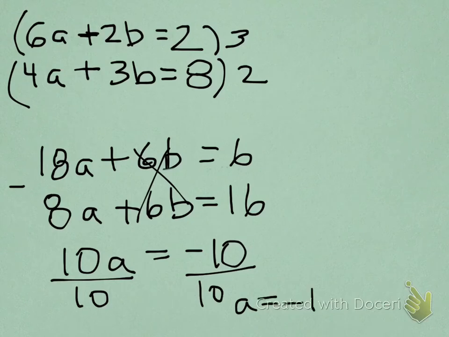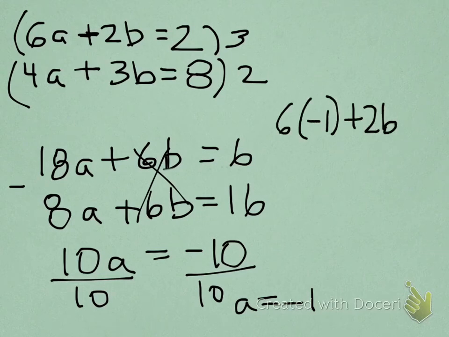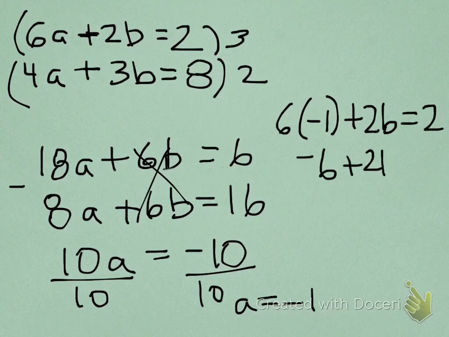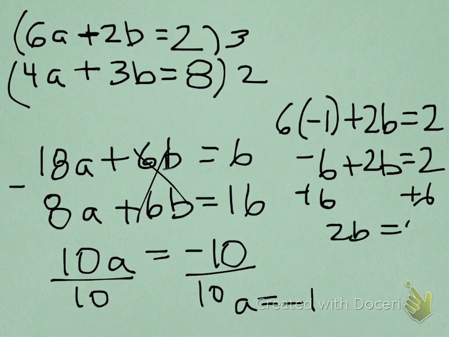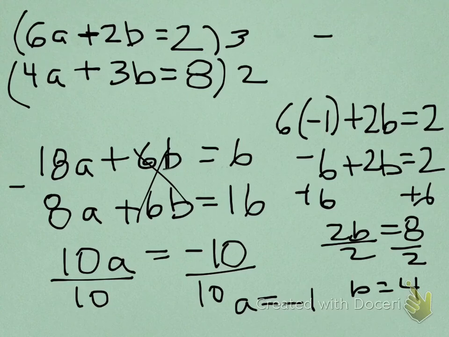So a is -1, and then again I plug them into either original equation to solve for b. And b would equal 4. And either way you can list them, since there's no x and y, so it would look like that.